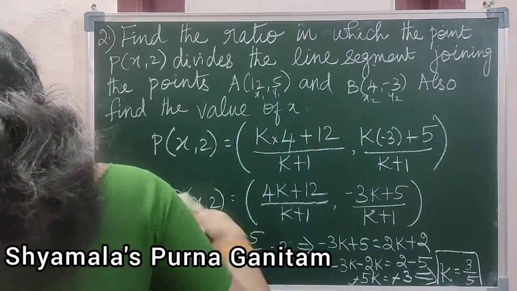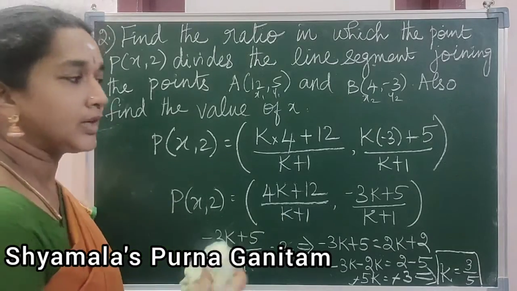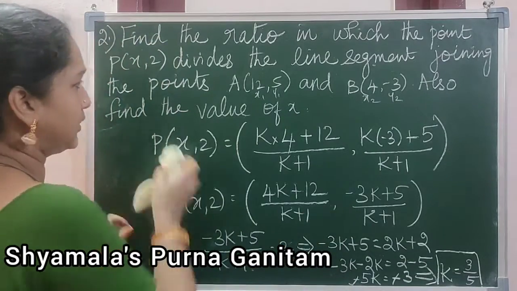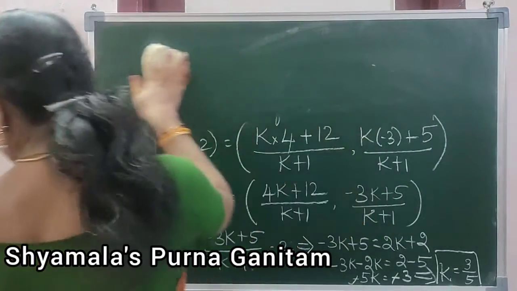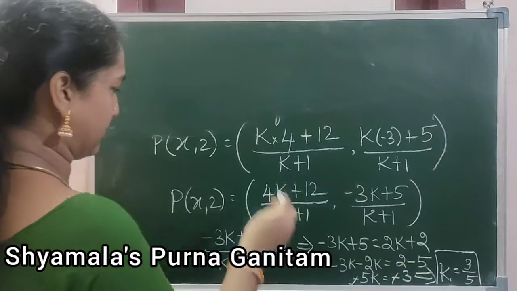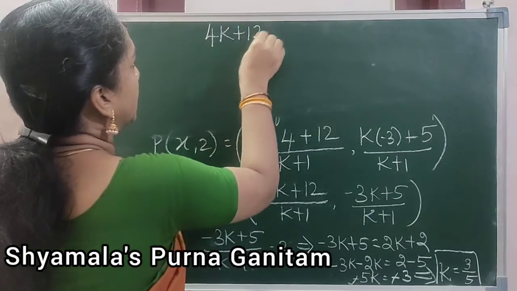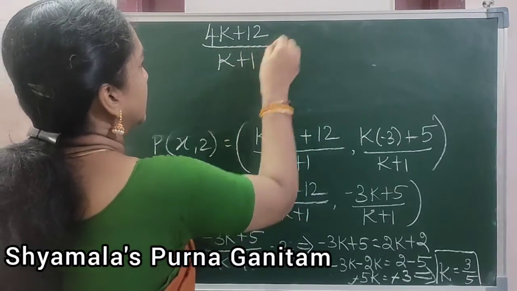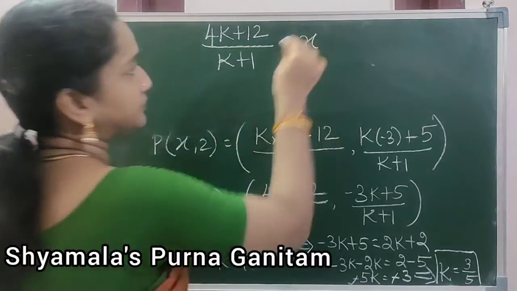Okay, then after this we will find the value of x. So k is 3 by 5. So this (4k + 12) by (k + 1) is equal to x.